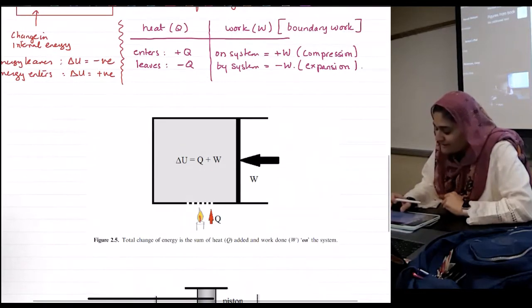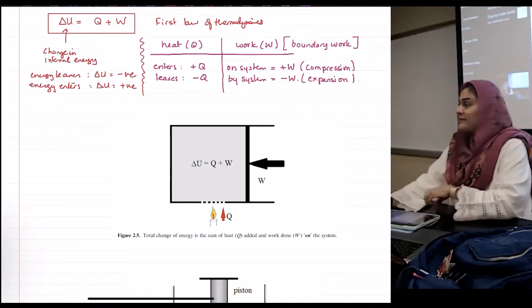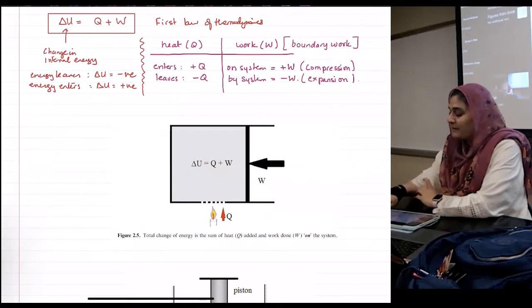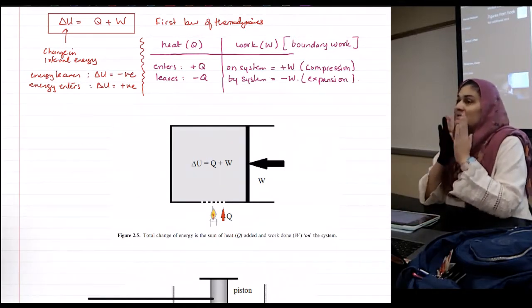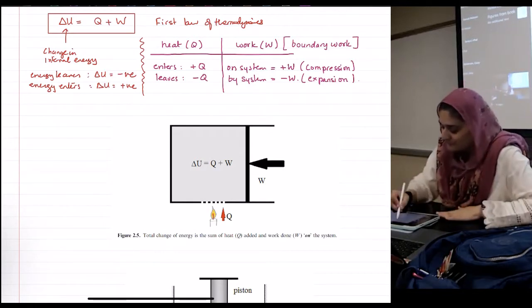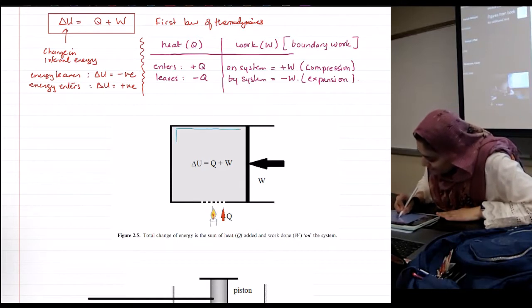So all of this table that we have just drawn is depicted here. Delta U equals Q plus W. So when heat is added to our system, this is our system, right? This is my system.